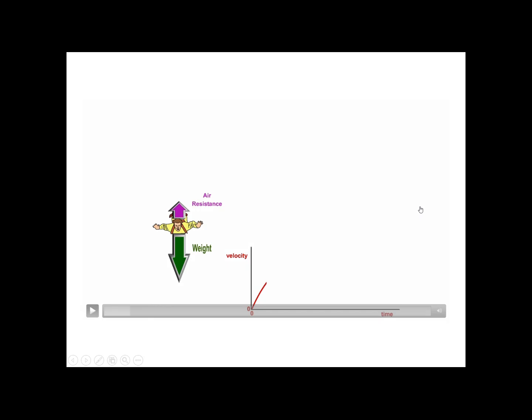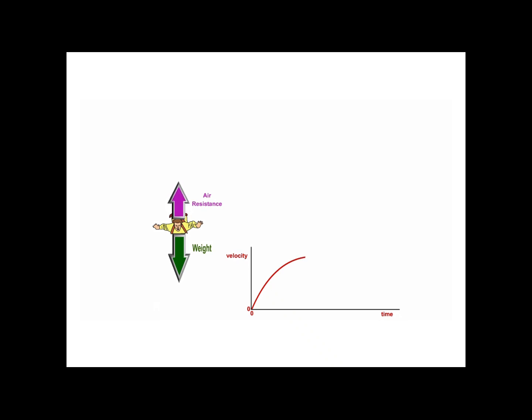Here I've got an old animation, which is really good, I think, at showing this. Initially, look, it was just weight acting when the skydiver jumped out of the plane, and as time goes on, the air resistance increases. Then you can see the weight doesn't change, and eventually the air resistance or the drag will be equal to the weight, and that is your terminal speed.